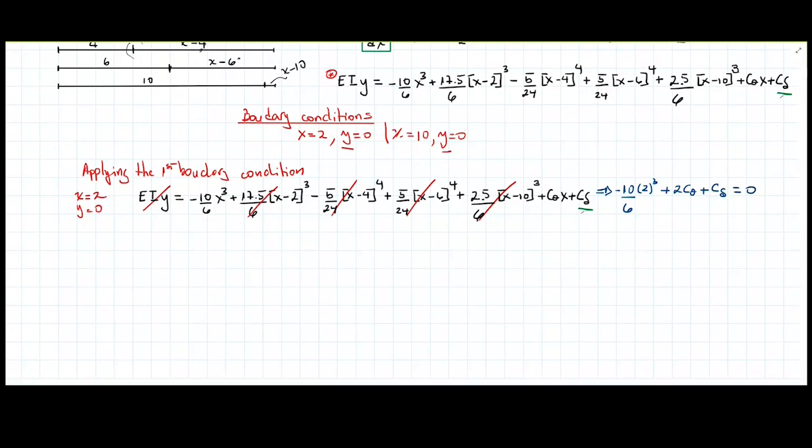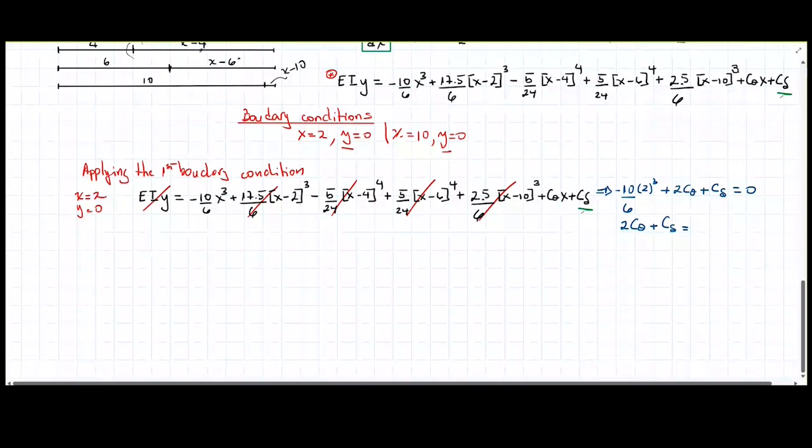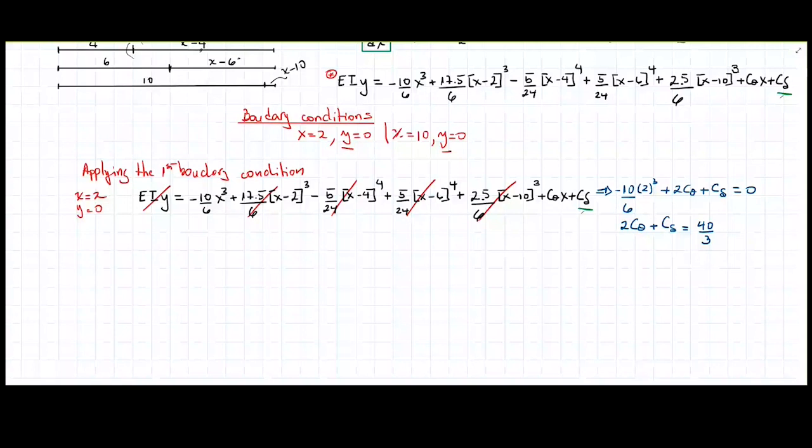Then I can have an equation that 2c theta plus c sigma is equal to this. 8 times 10 is going to give me 80, 60, 40 divided by 3. And I'm going to mark this equation. It's not giving me the answer, but I'm close to getting the answer.